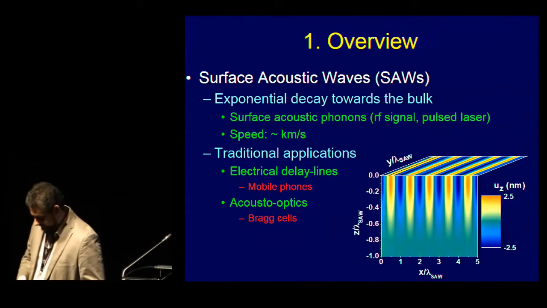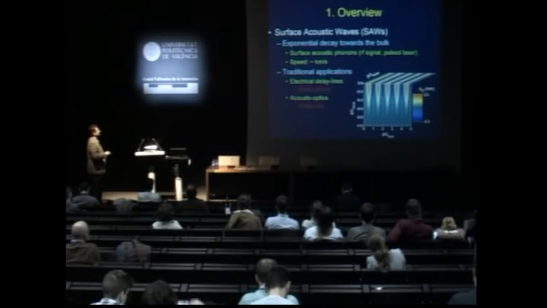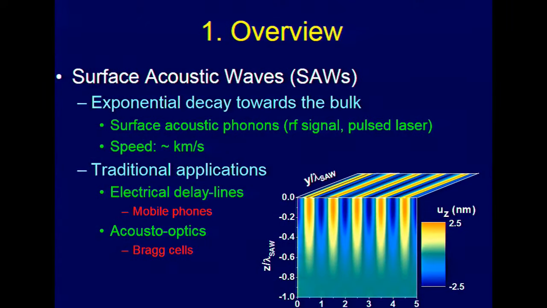Okay, so what are these surface acoustic waves? First of all, the word surface here is not really just the interface with air, but it's the region that actually penetrates a little bit into the substrate. But as a rule of thumb, this is a simulation of an acoustic wave.